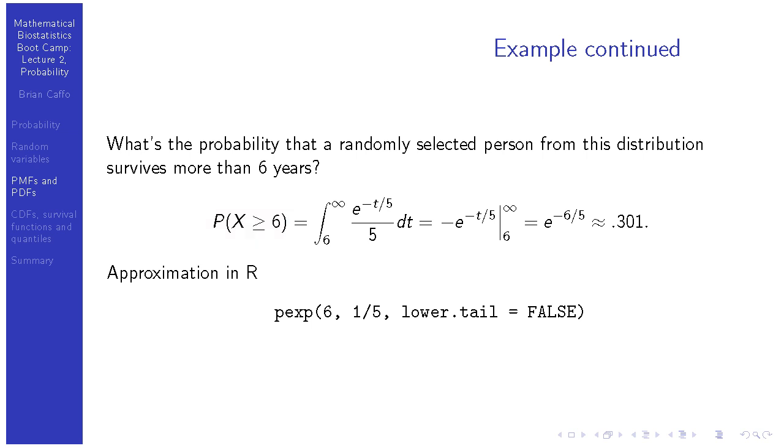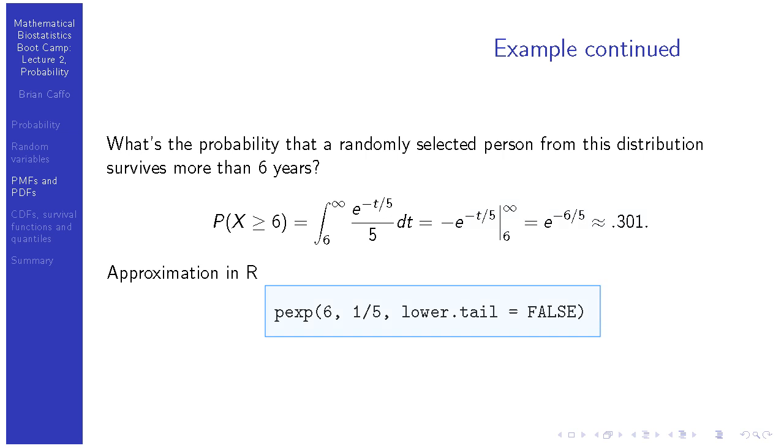Remember again the golden rule for probability density functions that areas under the curve correspond to probabilities. So if we want the probability x is greater than 6, we want the integral from 6 to infinity of the probability density function. And you can go through the calculus here to get that that works out to be about 30%.